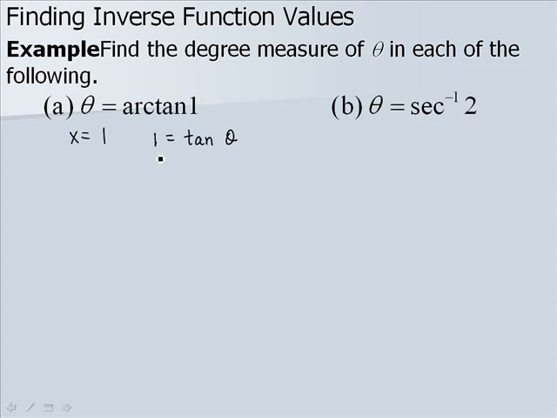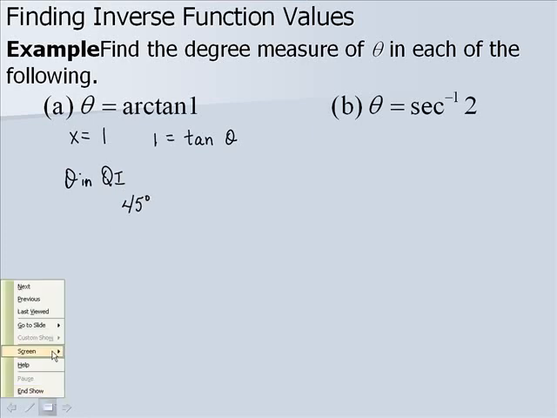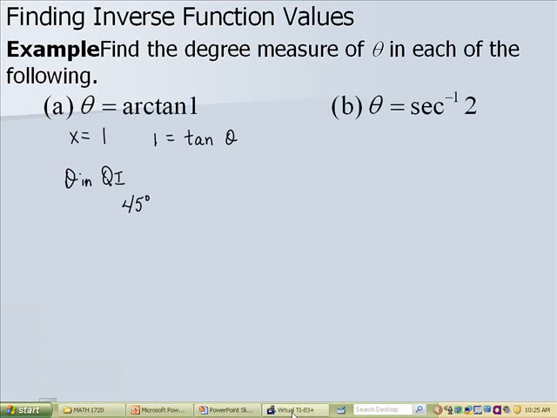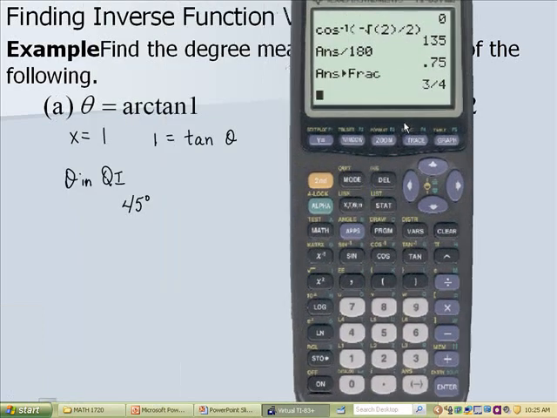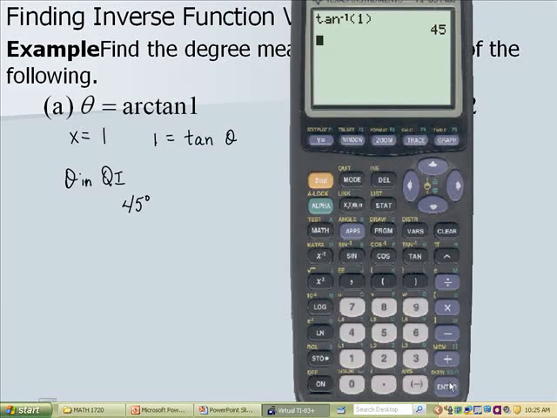But since 1 is greater than 0, we know that theta is in quadrant 1. So the tangent of theta that will give us 1 is 45 degrees. We can also do our inverse tangent function of 1, and we get 45 degrees.